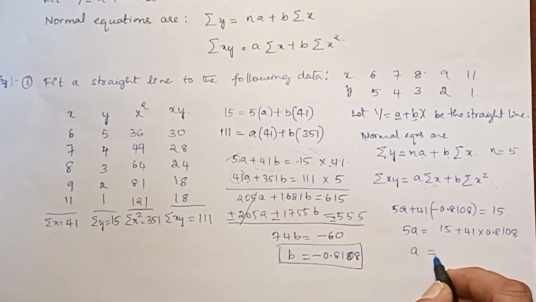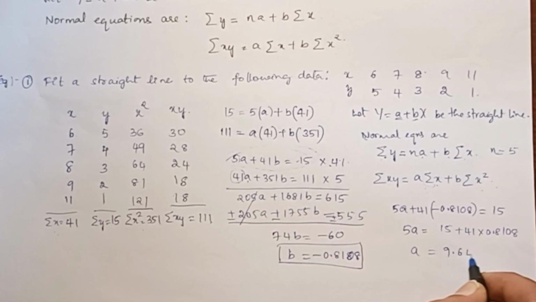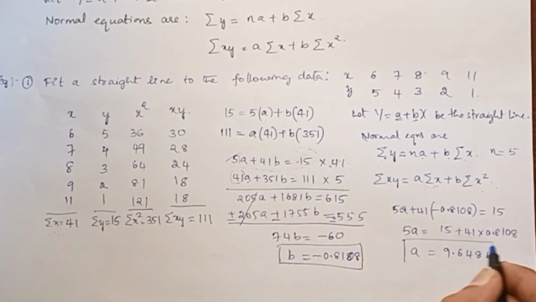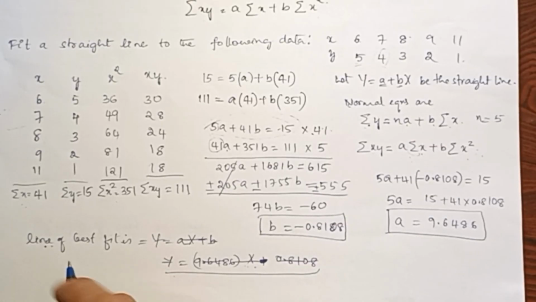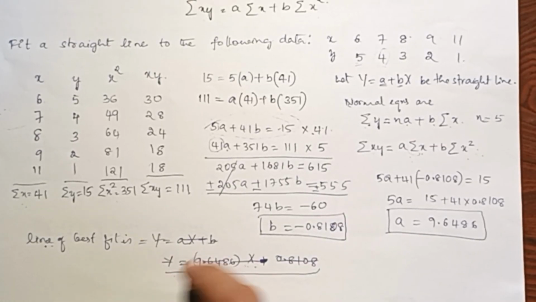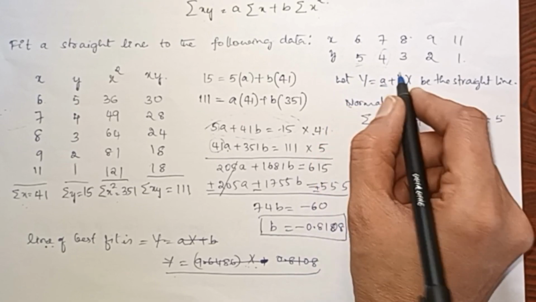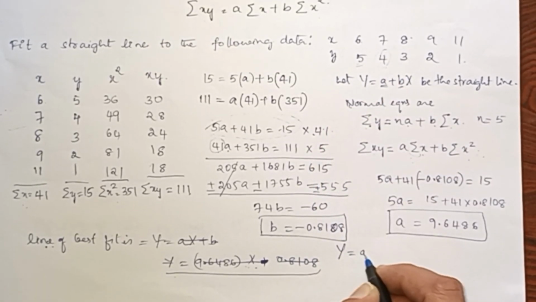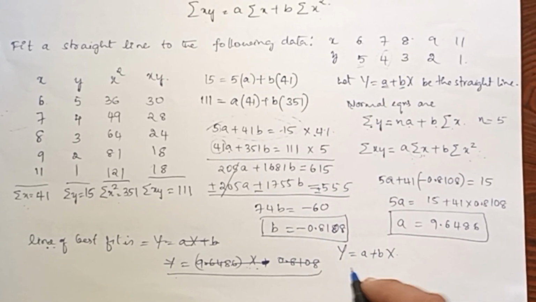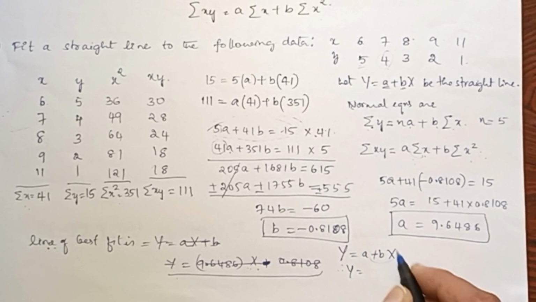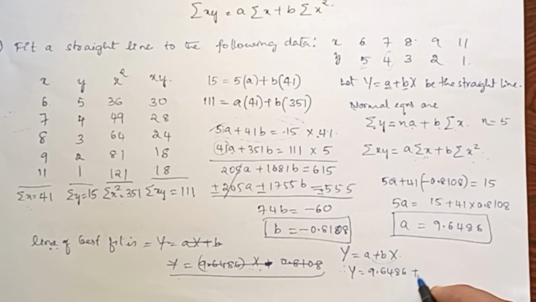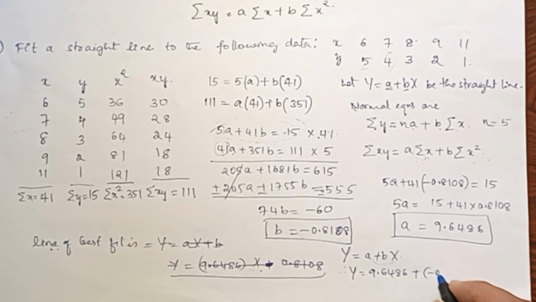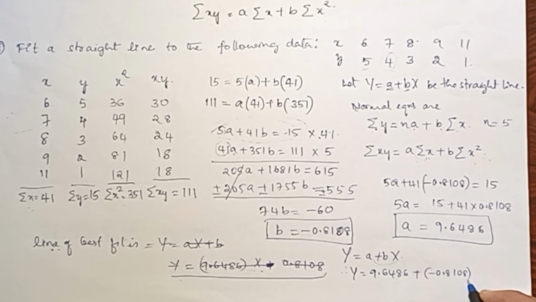So A comes out to be 9.6486. Therefore, I got the coefficient A and B. Therefore, now line of best fit is given by how we have taken the line y equal to A plus bx. Therefore, as per this form, A is 9.6486 plus B is minus 0.8108 into x.